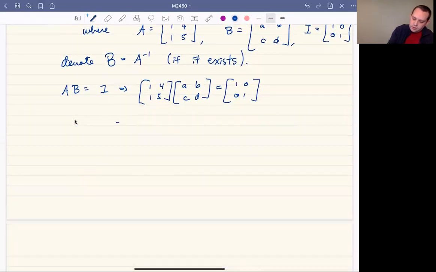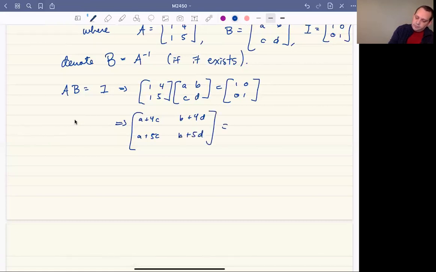And so capital A times capital B is going to be the 2 by 2 matrix a plus 4c, b plus 4d, a plus 5c, b plus 5d. That's going to be equal to 1, 0, 0, 1.